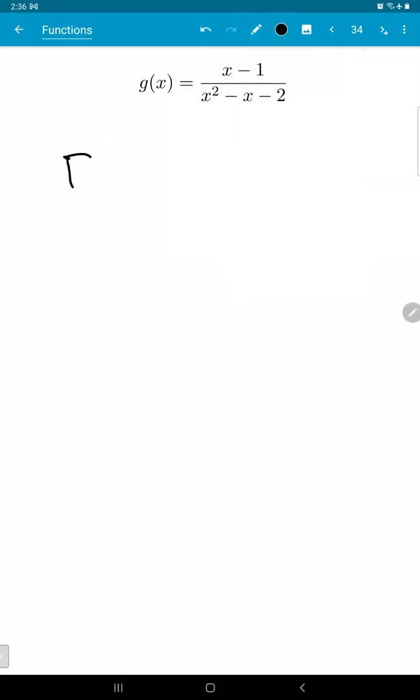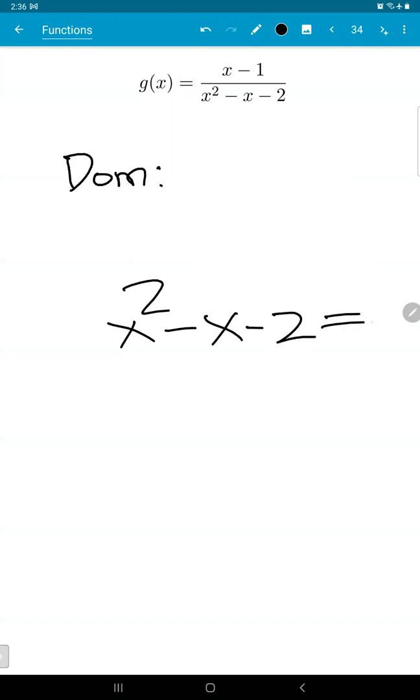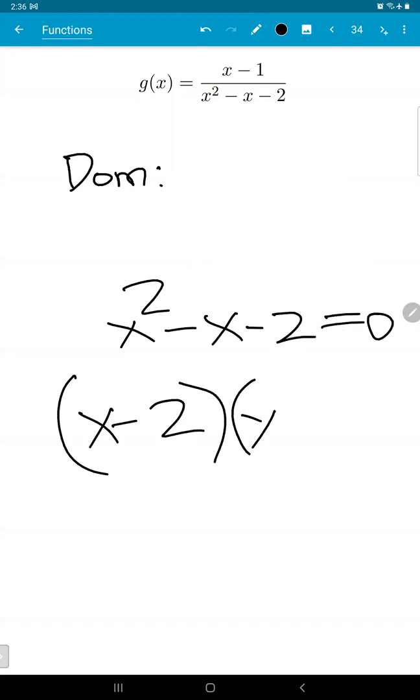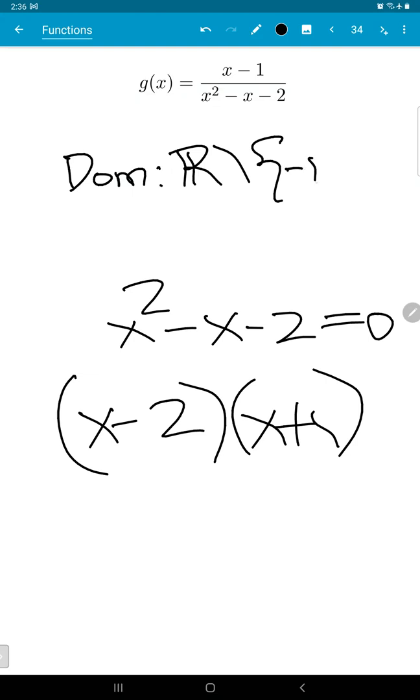So for the domain, you have to factor out the denominator. It cannot be 0. So you know that the domain is the set of all real numbers except -1 and 2. And those turn out to be our vertical asymptotes also. But you have to write them as an equation.